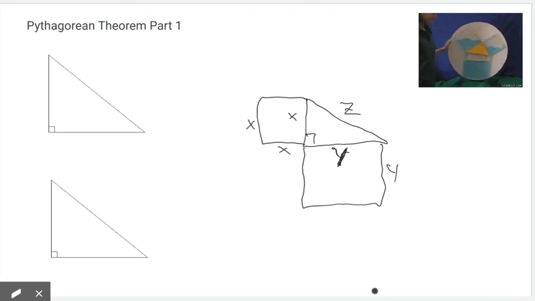So the area here would be x squared, here would be y squared, and the area of this one would be z squared. If you look up here, those two empty out and completely fill up that square right there. That's physical proof that the area of this and the area of this will equal the area of that.